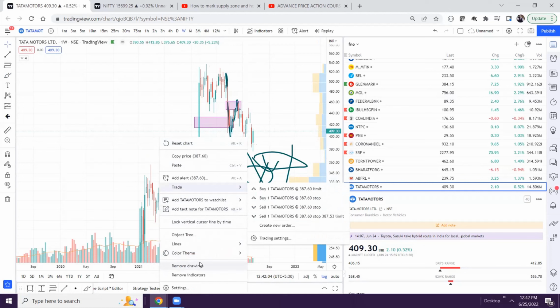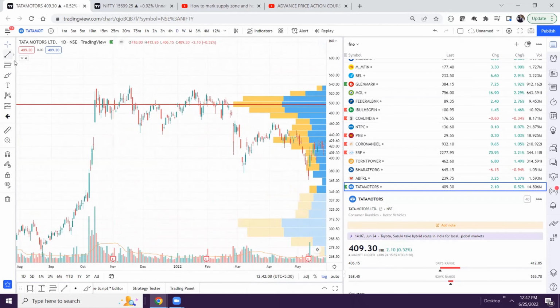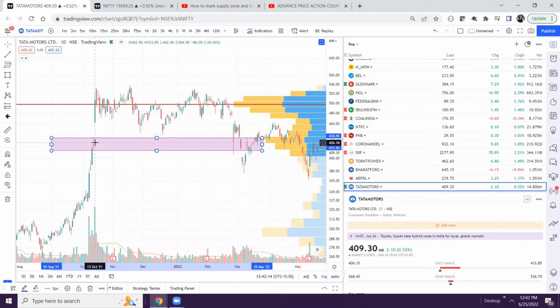So like I said, on the daily you saw one demand zone getting broken. And this is a strong demand zone. Why is that strong? Because from this zone we have a gap up opening. This is the criterion for a demand zone: when a zone is followed by a gap up, it means this is a strong zone.